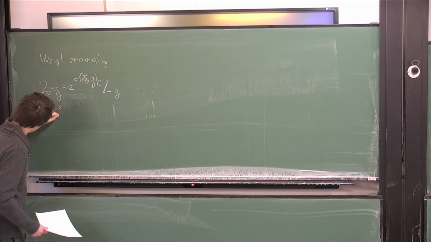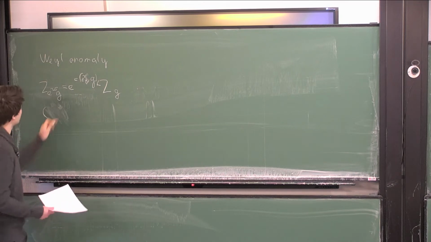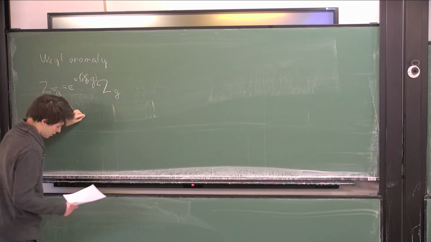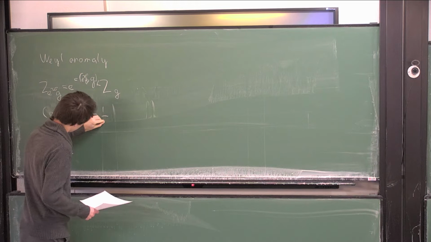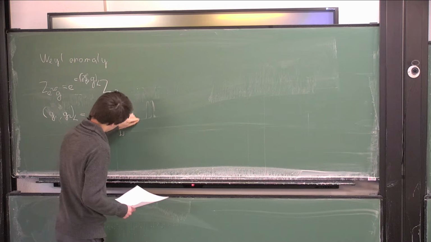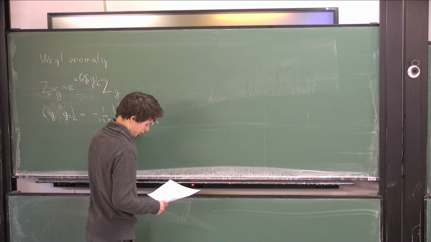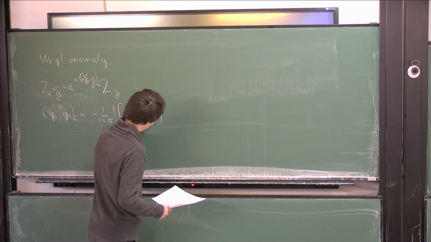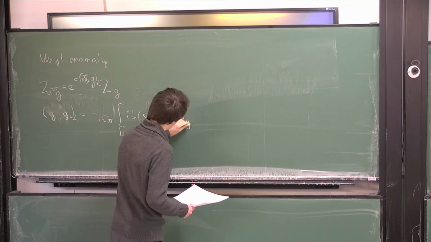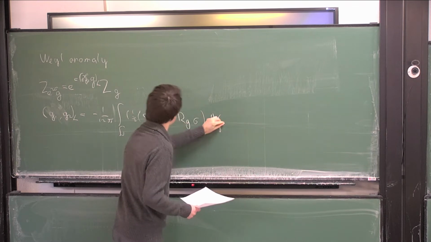Let's define it for two arbitrary metrics, g1, g2, which will be related by sigma. So there's the divergence squared of the conformal factor, and then there is some term related to the curvature, and it's an integral over the surface.